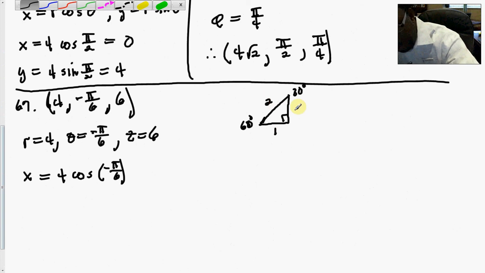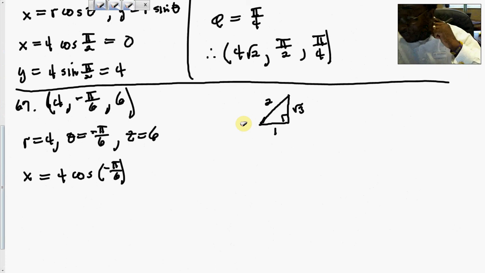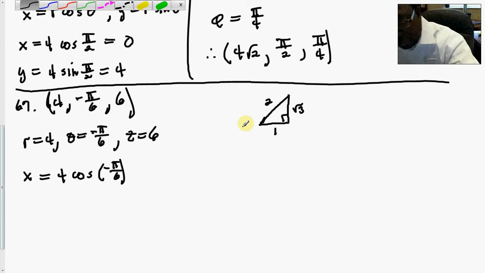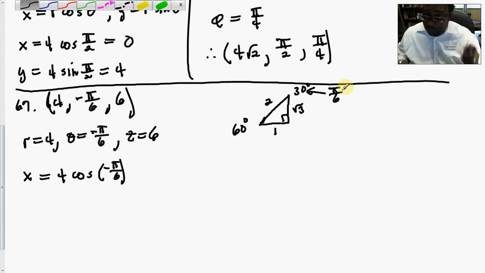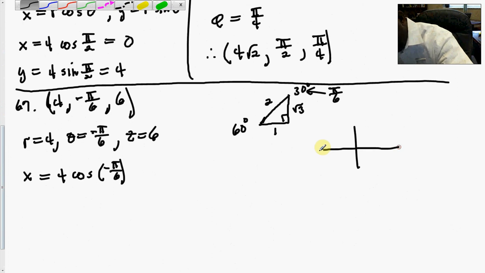Look at the sides, 1, 2, and the square root of 3. So pi over 6 is 30 degrees, and we say that to be negative pi over 6.